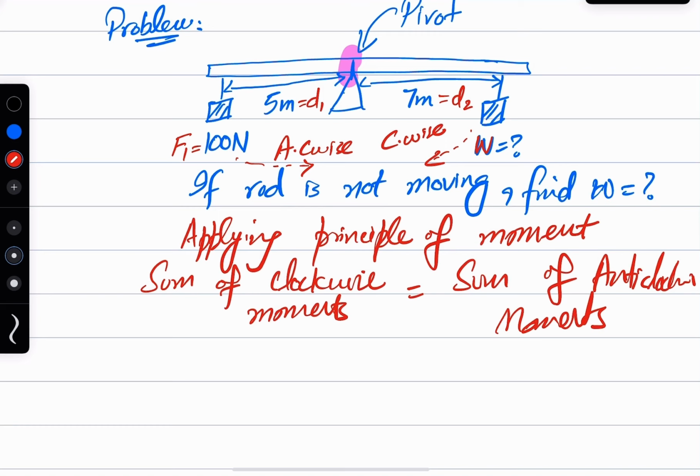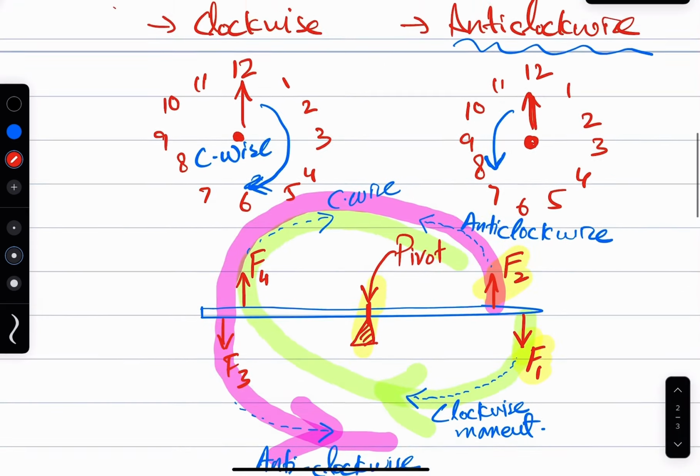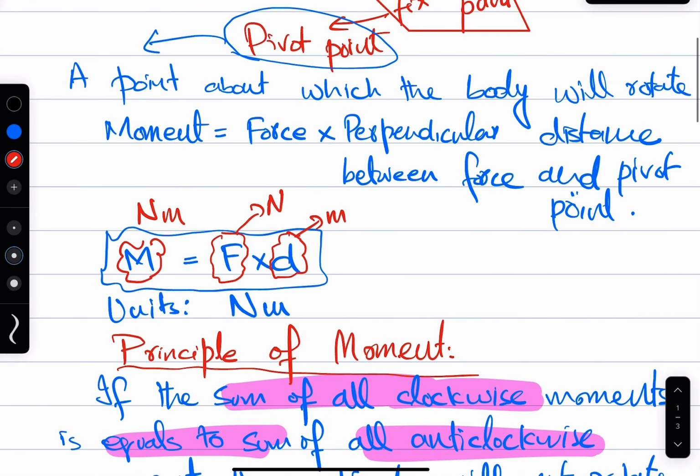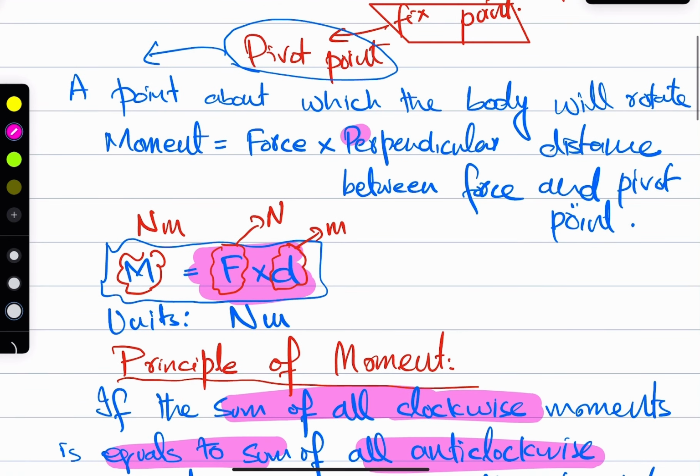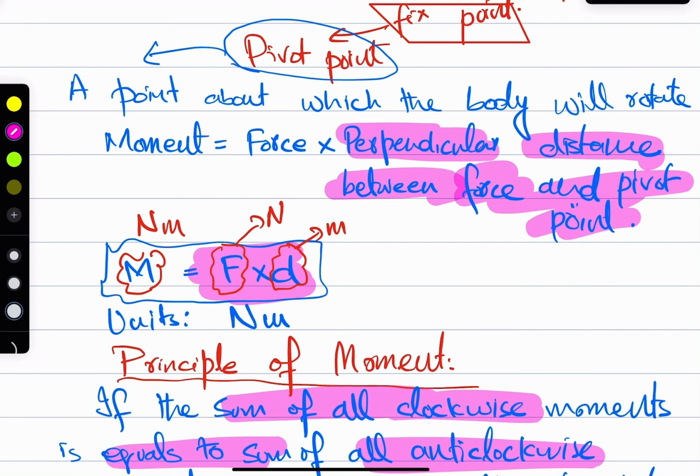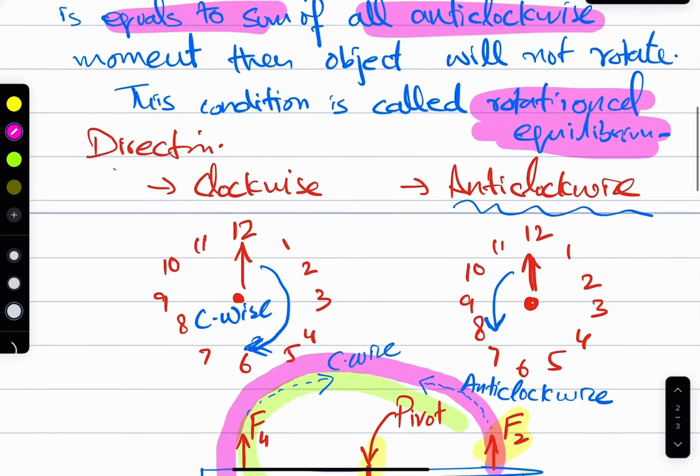We know the formula of movement; let me show you again. This is the formula for the movement. Movement is force multiplied by distance, the perpendicular distance between the force and the pivot point.